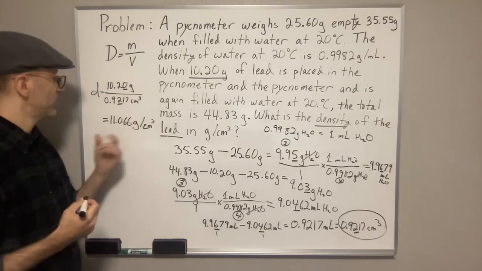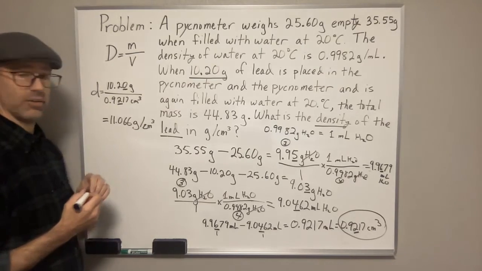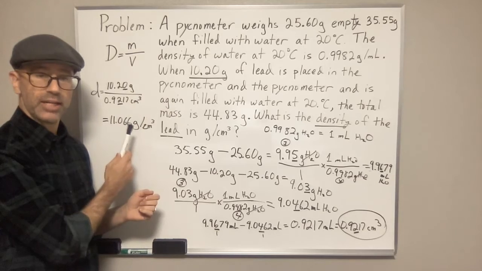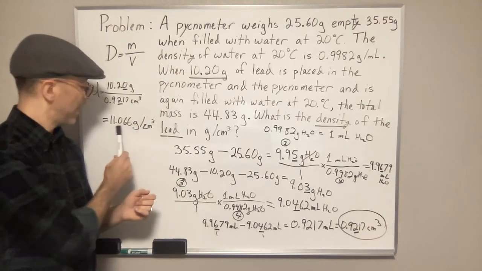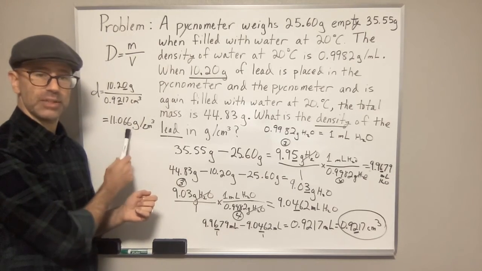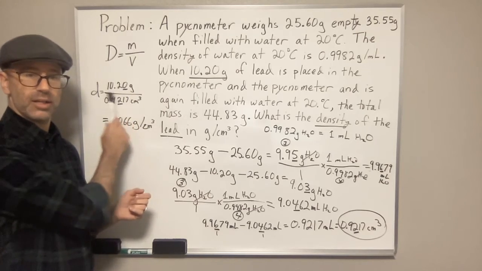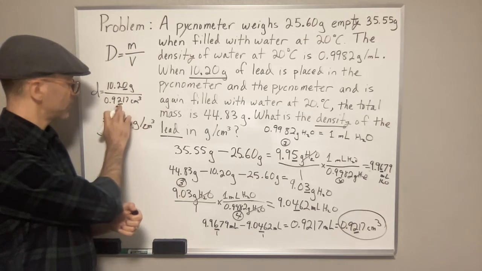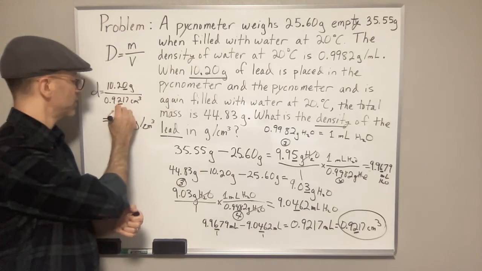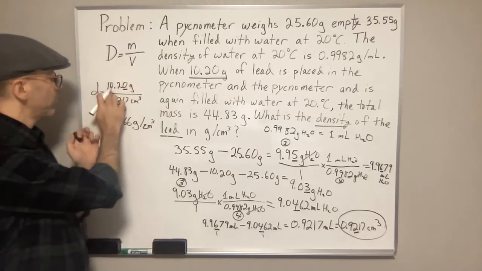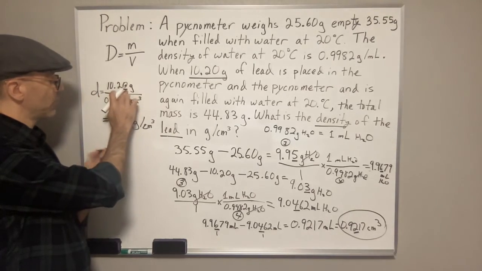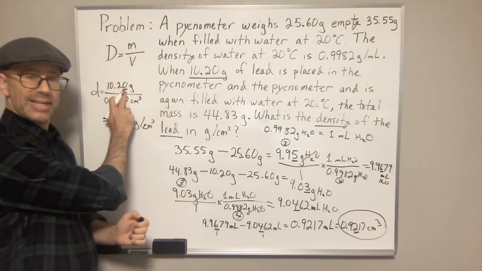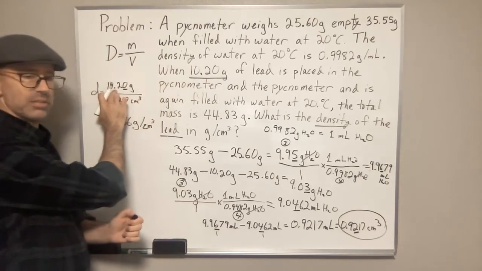And now we just need to figure out how many sig figs were allowed in our answer. Remember, since you're multiplying or dividing, the rule is the answer should have the least number of sig figs of the numbers that you're multiplying and dividing. Here we only allowed up to the 2, so we have 2 sig figs. Here we have 4 because we're allowed up to the 0. The 0 here is significant because it's at the end of a number and there's a decimal point.